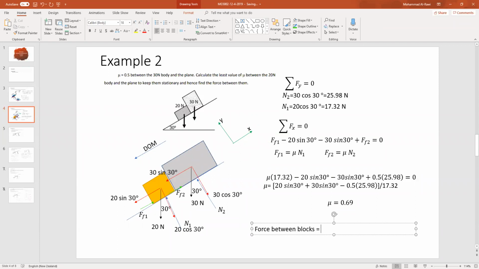You have two things between the blocks, the friction and the normal force. So which force are we taking? Can you find the force between the blocks?